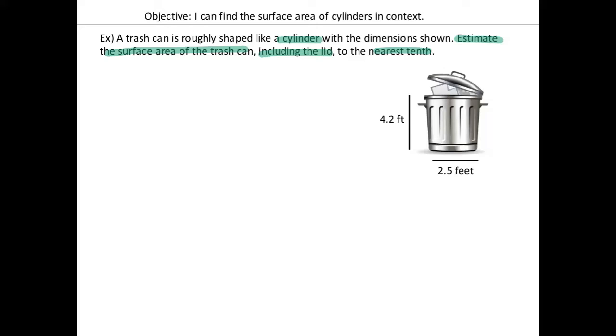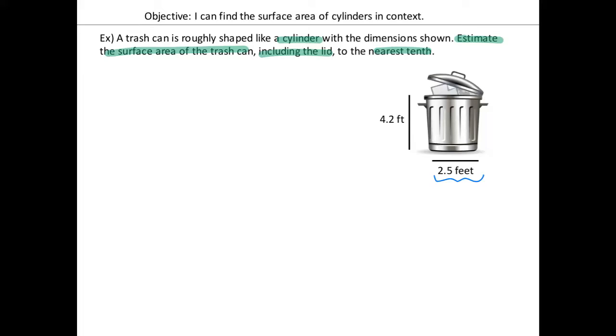So I can see that the whole length at the bottom is 2.5 feet. But in a circle, what is that called, the length across the circle? You guys know what that's called? Radius is only from the center to the edge. So what is the whole length called? The diameter, right? Good.